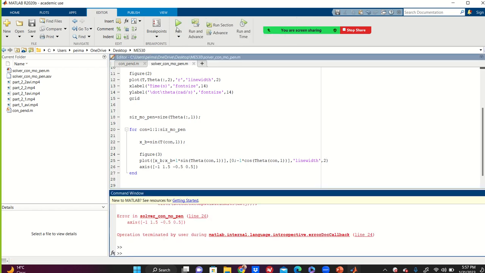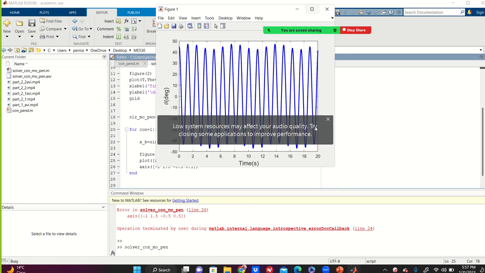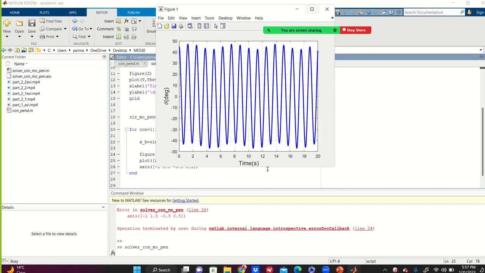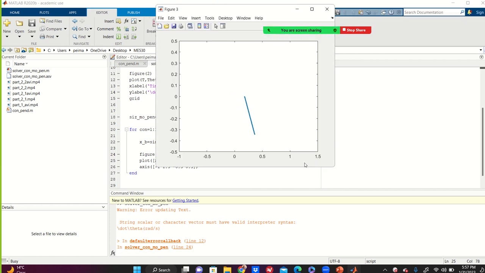Okay. Here we go. So what happened? Oh, okay. See, guys? Yes? So this is sine of t, the base.